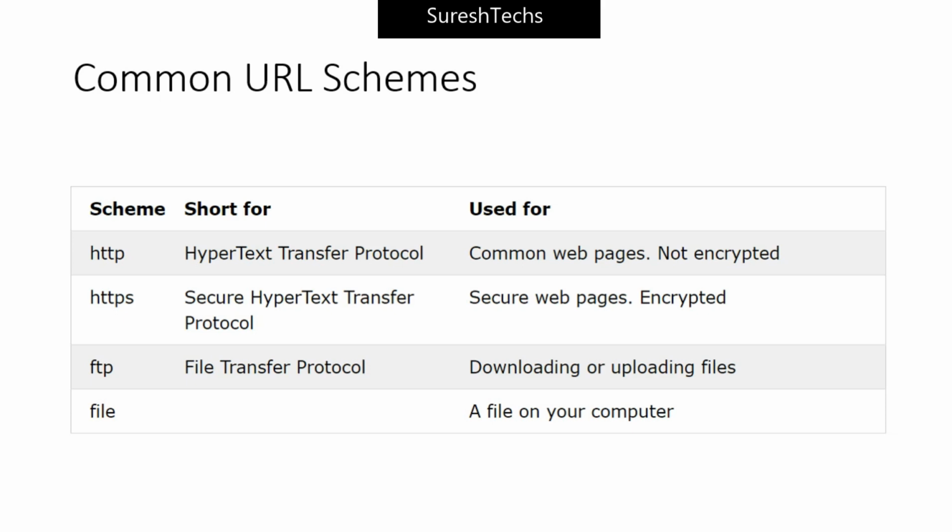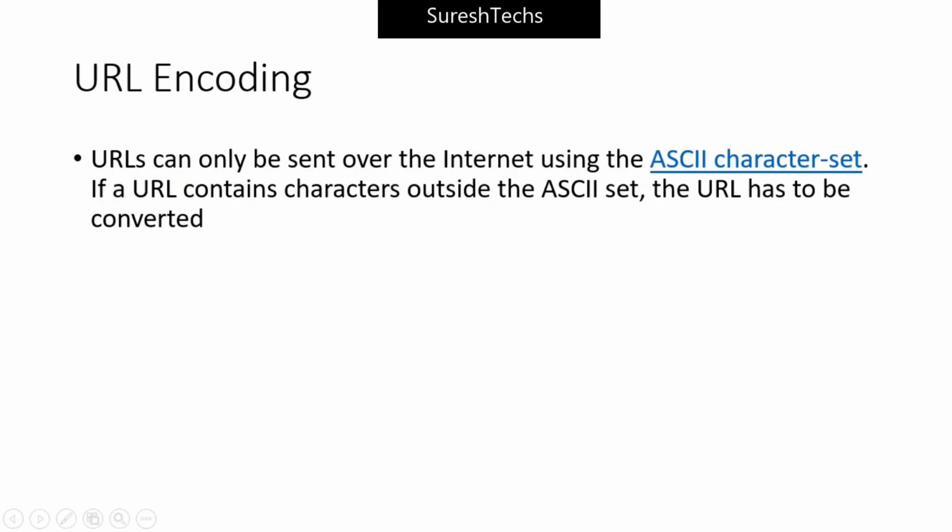URL encoding replaces non-ASCII characters with a percentage sign followed by hexadecimal digits. And if there are any spaces inside your URL, they will be replaced with a plus sign or %20. So this is how URL encoding works.